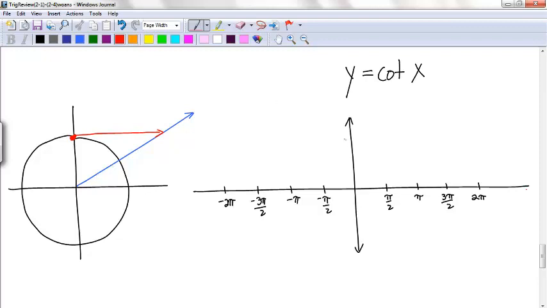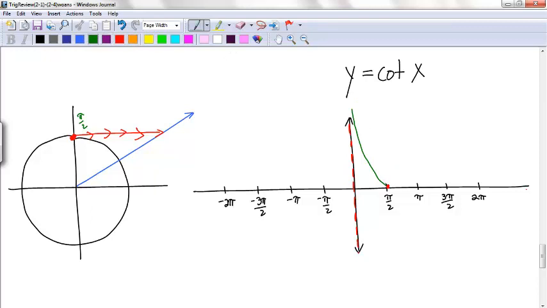So there is actually an asymptote right along the y-axis. Then your graph starts from positive infinity, and it actually gets shorter until at pi over 2 it's a point at 0.